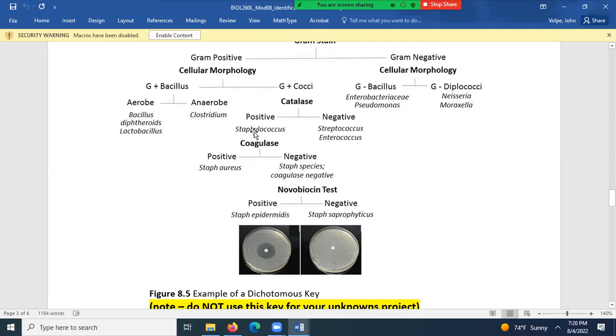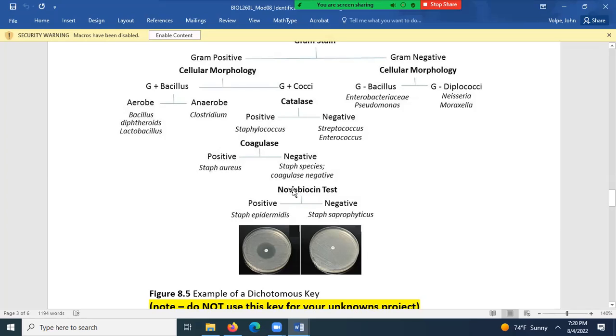So if it's positive for the catalase test, we then do the coagulase test. And if it's positive for coagulase, it's Staphylococcus aureus. If it's negative for coagulase, it's some other staphylococcal species other than Staphylococcus aureus.